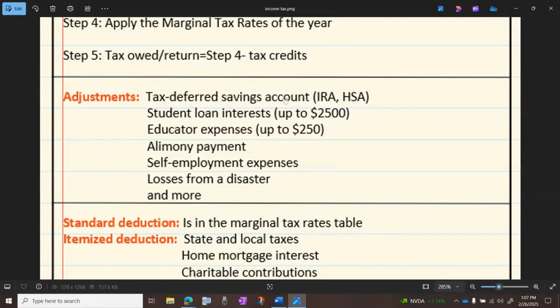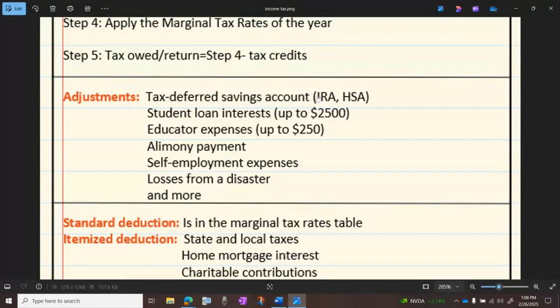If you put part of your income in those savings accounts, then you do not pay tax on that money. But later, for example, for IRA, when you decide to retire and you are allowed to withdraw money from the account, you pay the tax on the amount you withdraw after you retire. So we assume a typical person makes more money before retirement and has less income after retirement.